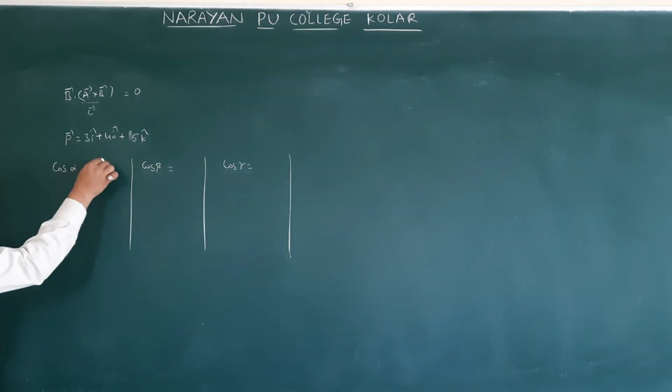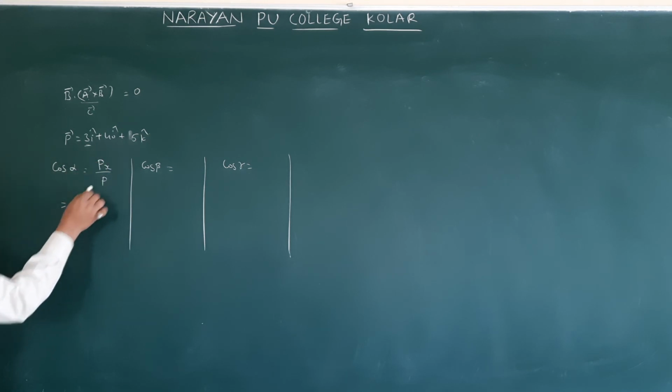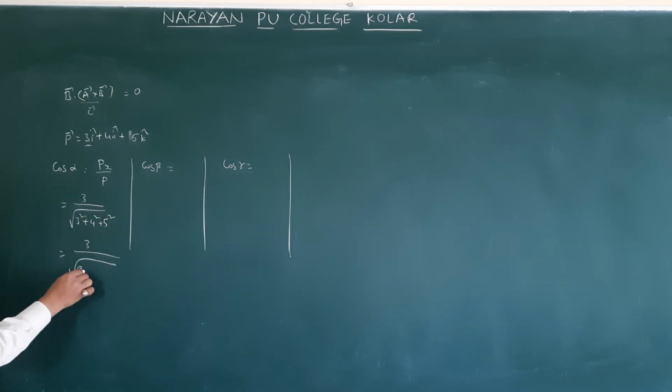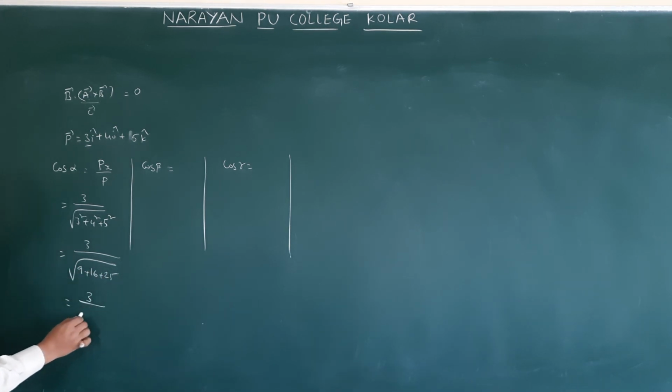Cos alpha means Px by P. What is Px here? 3. P means root of 3 square plus 4 square plus 5 square, so 9 plus 16 plus 25. Then 3 by root 50, that is 3 by 5 root 2.